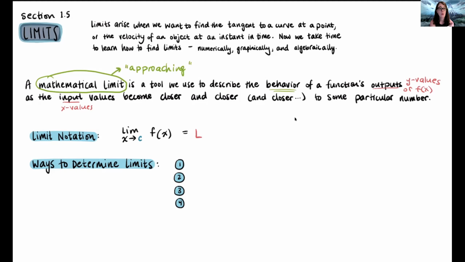This will be what the y values, or the output values, are doing as x approaches c, or whatever number we have there. So the c and the L, these are numbers when we actually have a function. We want to get a number out, or possibly infinity or negative infinity.